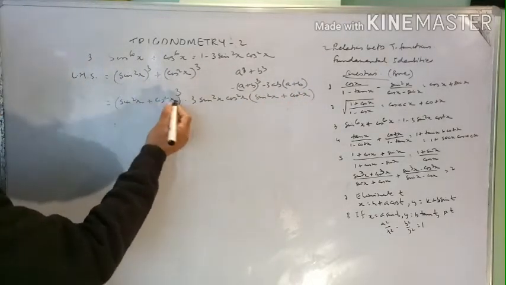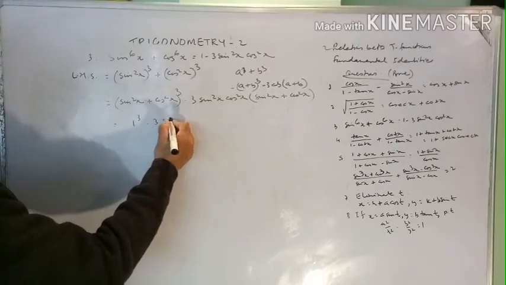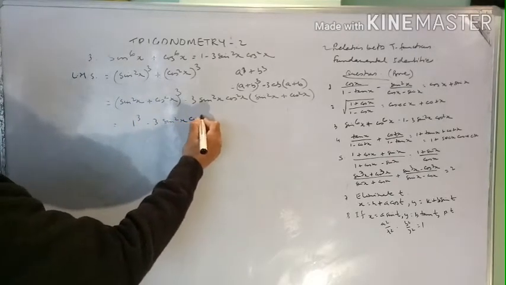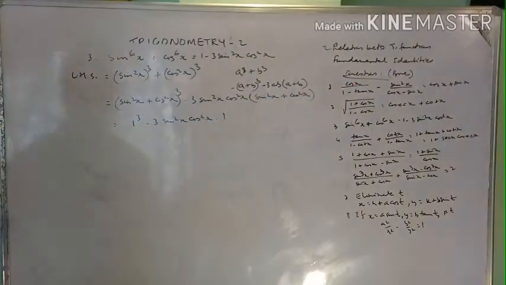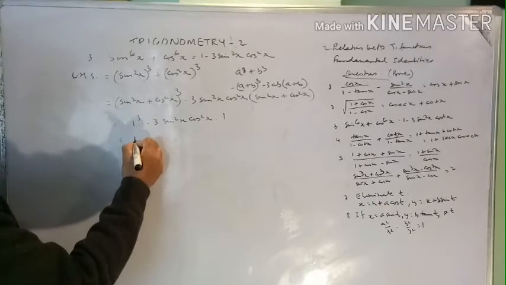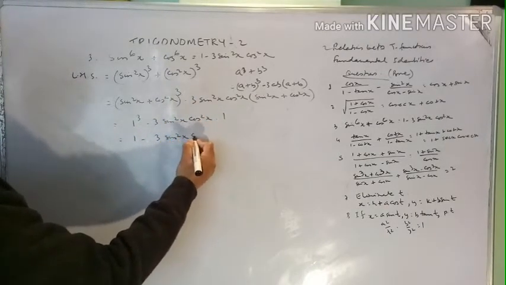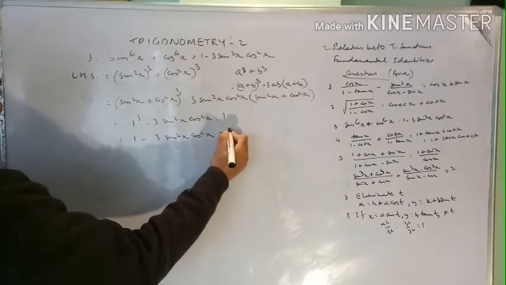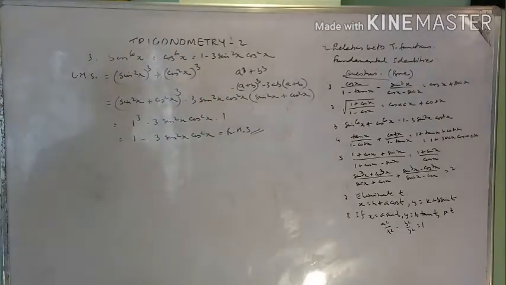So sin square x plus cos square x, you know is 1, so it is 1 cube minus 3 sin square x cos square x into (sin square x plus cos square x), again 1. So what you get? 1 cube is 1 minus 3 into 1, so 3 sin square x cos square x, equal to RHS. So it is proved. Okay, so number 3.